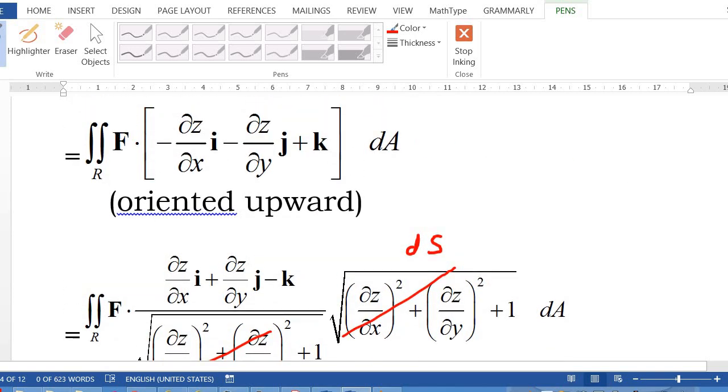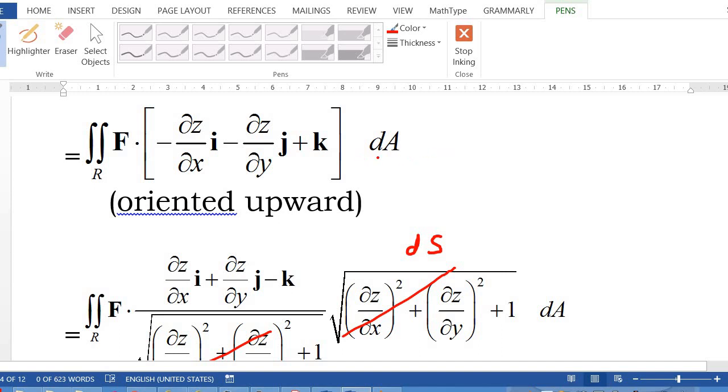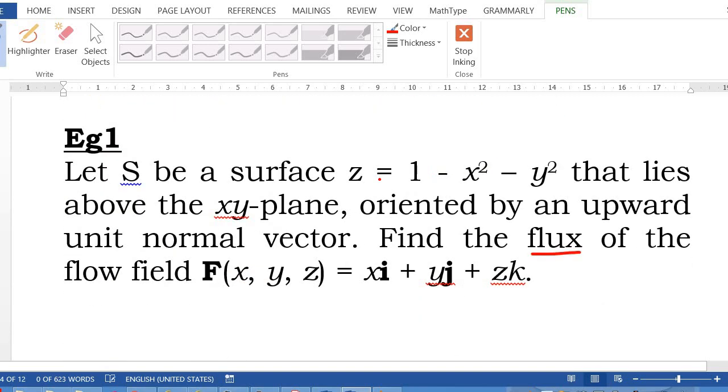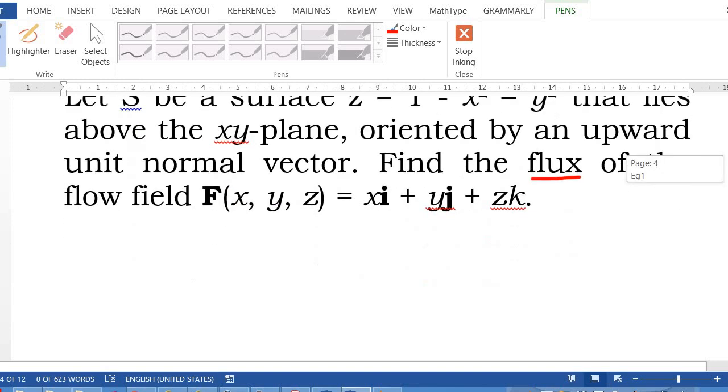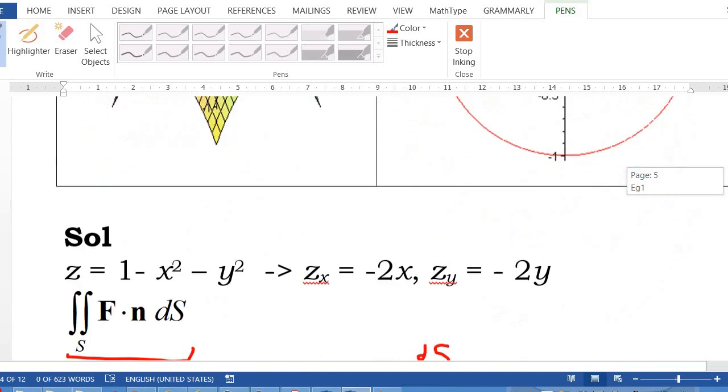Plug in the F, then from z find your del z del x and del z del y. Evaluate your dot product first, which later becomes a double integral dA over region R. To get region R from the surface, let z equal 0. In this case, region R is circular, so you solve it using polar coordinates.